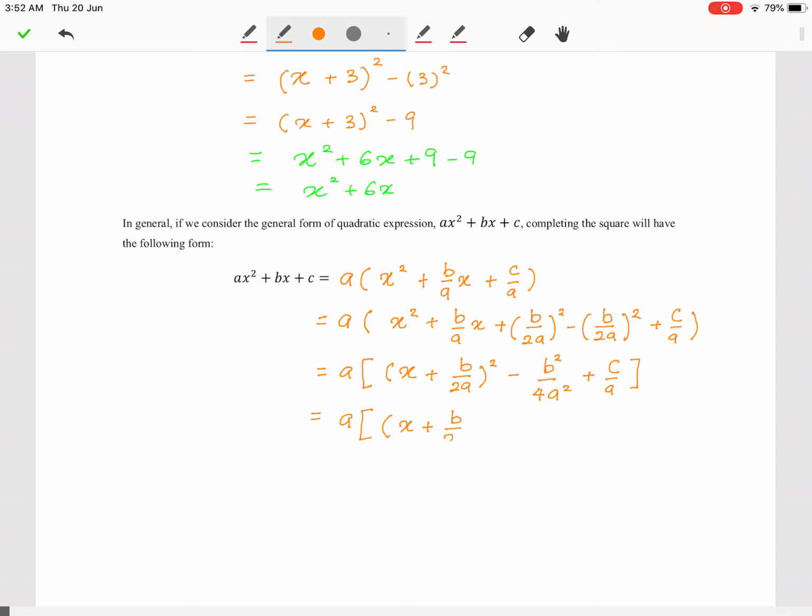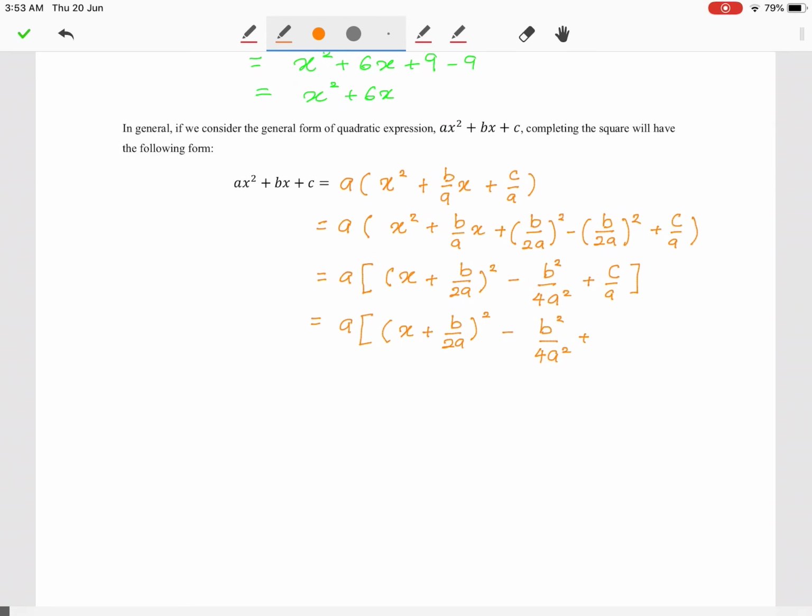Now trying to combine the last two terms into a single expression. So what you have is b square over 4a square plus, now you make the denominators the same, so you have to multiply the denominator and numerator of the last term by 4a. So therefore you have 4ac over 4a square, right?